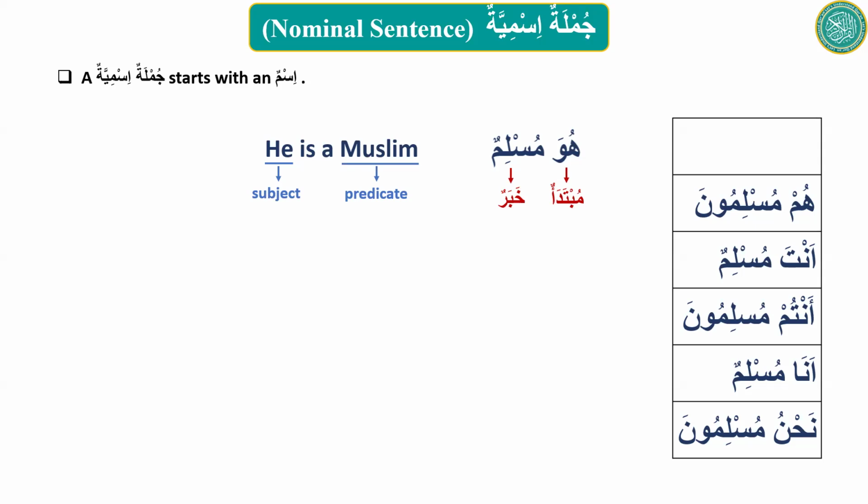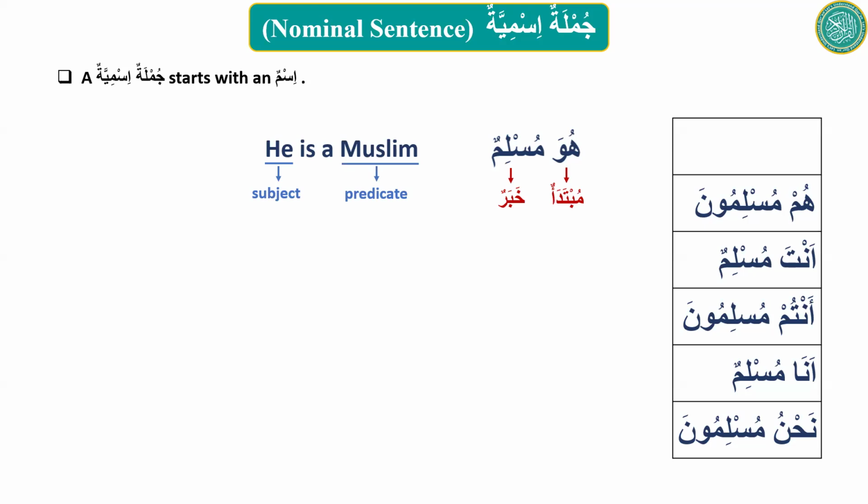Muslimun, which is a khabar, is also Rafa, but it is a common noun. So both are Rafa in status. The difference is that Mubtada is a proper noun and khabar is a common noun. That's the only difference between the two.